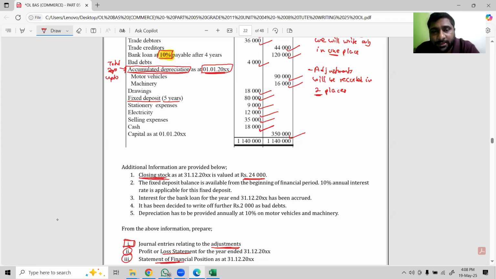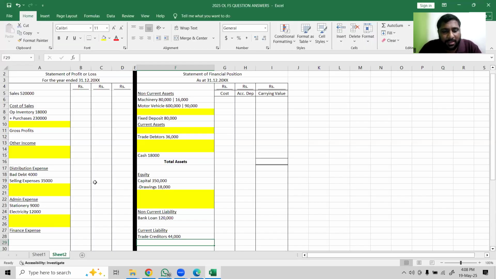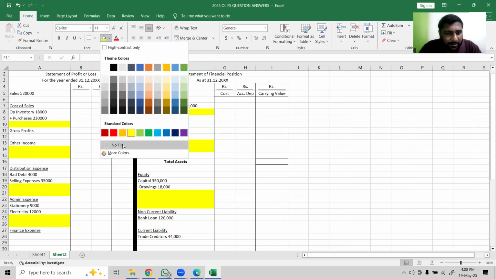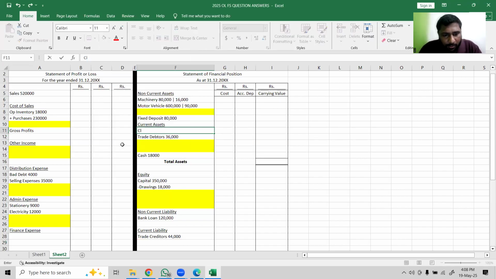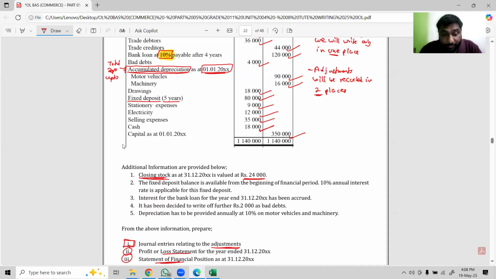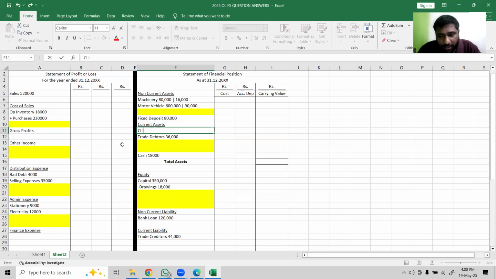One is the balance sheet under current assets. The other one is the income statement under cost of sales. So come to the balance sheet. Write it under current assets, closing stock or inventory, whatever. Both names are the same.